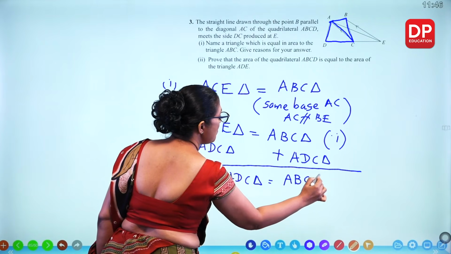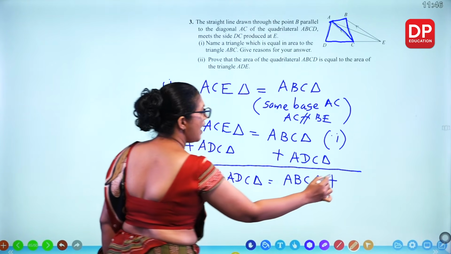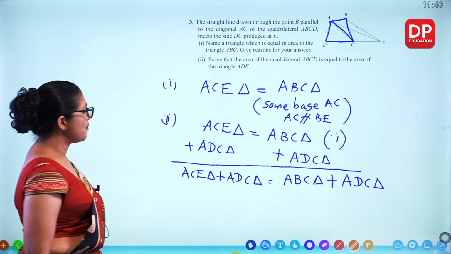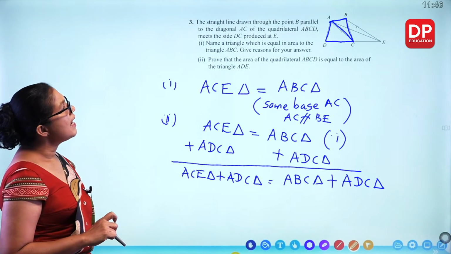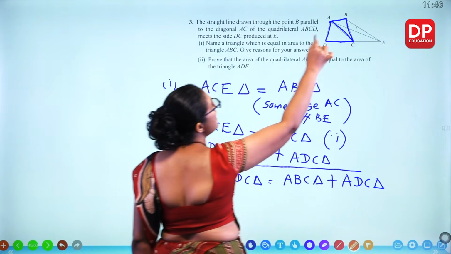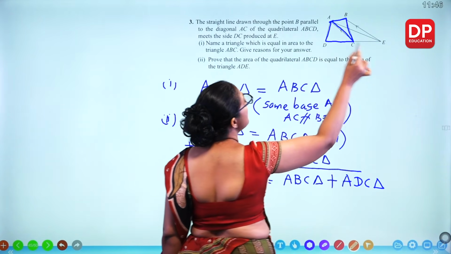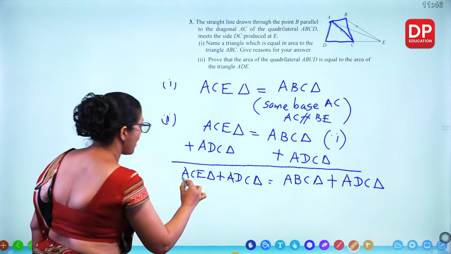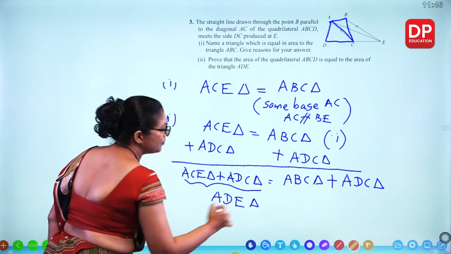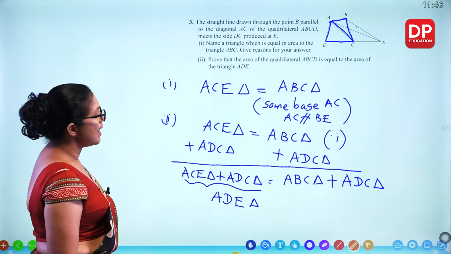Here I am getting triangle ABC and ADC. What happens? ACE and ADC, I am getting triangle ADE. What about the other side?